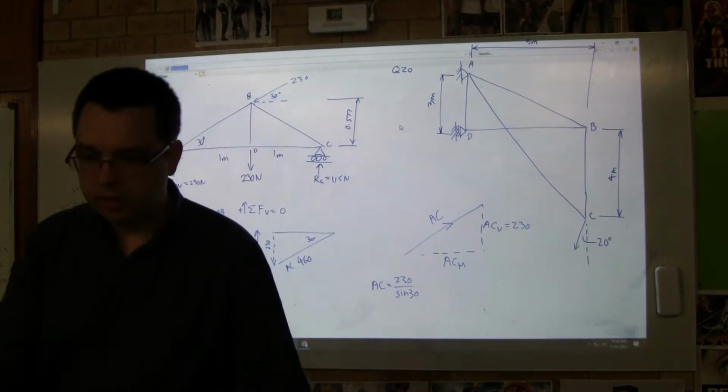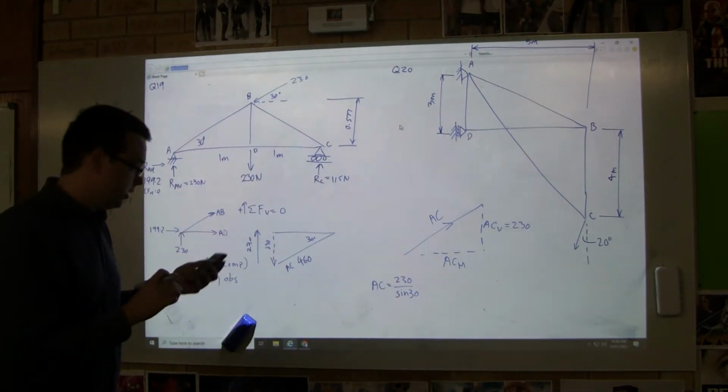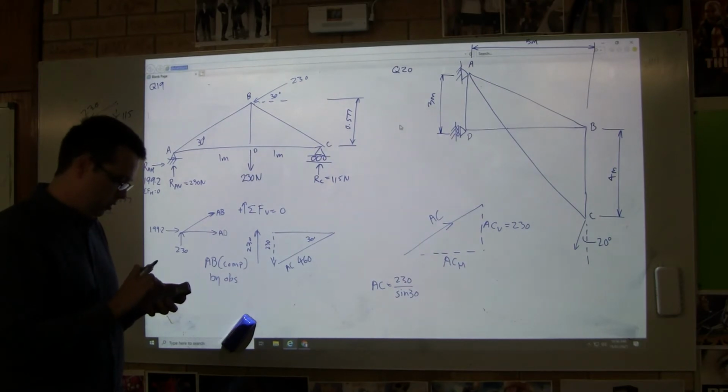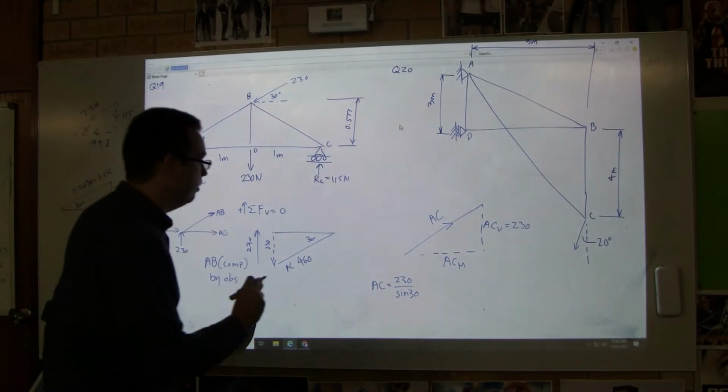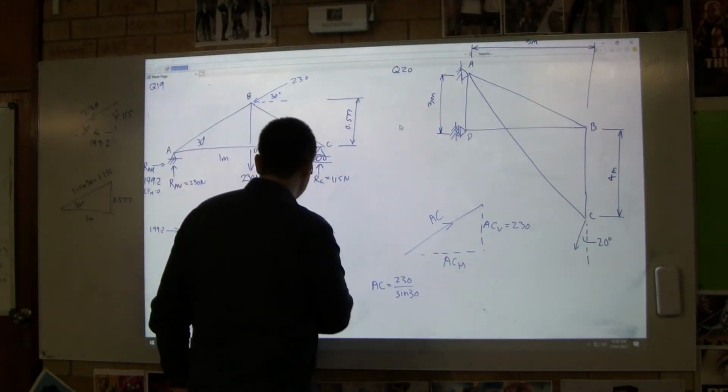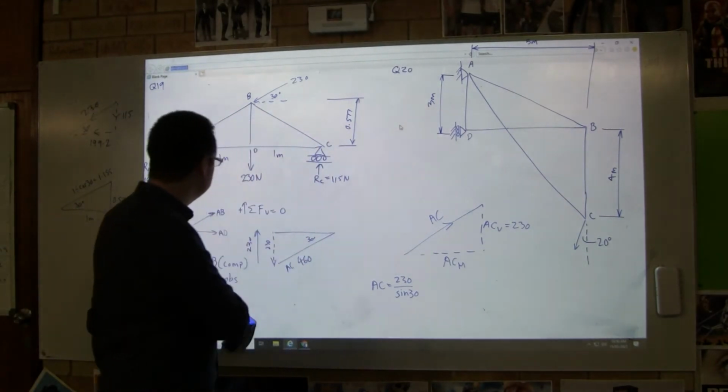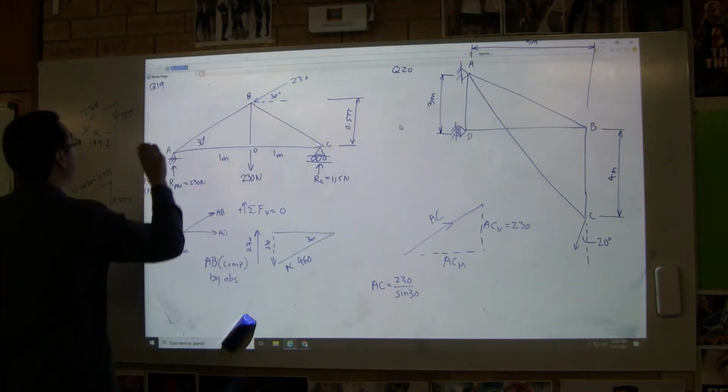Just to prove it, I like to memorize the values, but there we go, it gives us 460. And we've established it's compression from observation. So that one is correct.